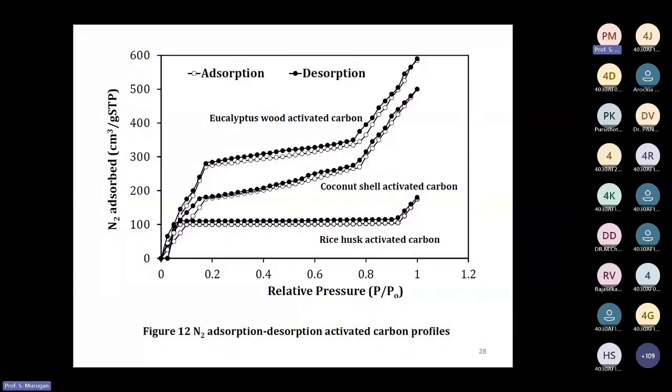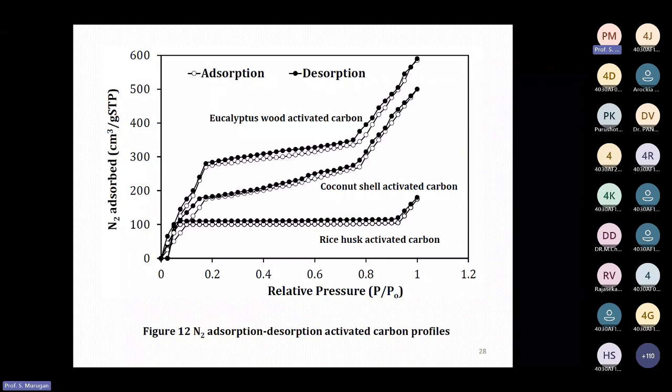How much nitrogen is adsorbed is given with respect to relative pressure. Here, eucalyptus wood activated carbon shows very high adsorption and desorption.